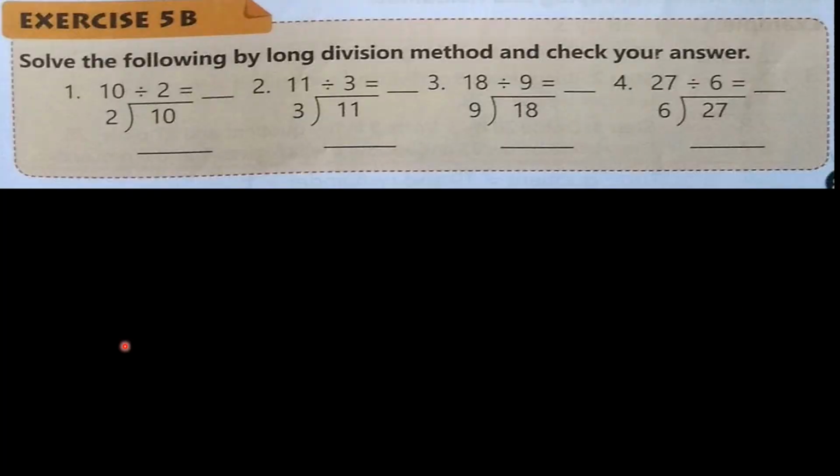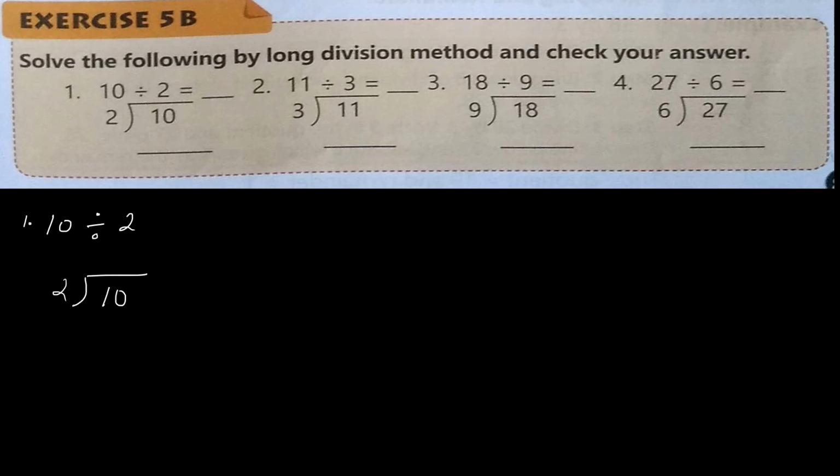Here, question number 1. What we have to do is solve the following by the long division method and check your answer. Number 1: 10 divided by 2. So long division. 1 we cannot divide, so now we will take 2 digits.